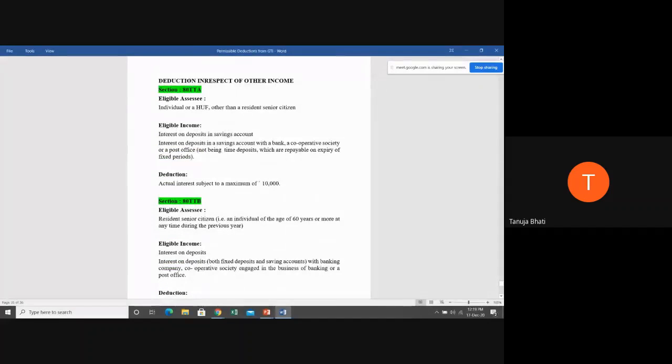Now let us see deduction in respect of other income. For other income also, there are certain deductions that are given. The first section is section 80TTA. TTA is applicable to an individual or HUF other than a resident senior citizen.